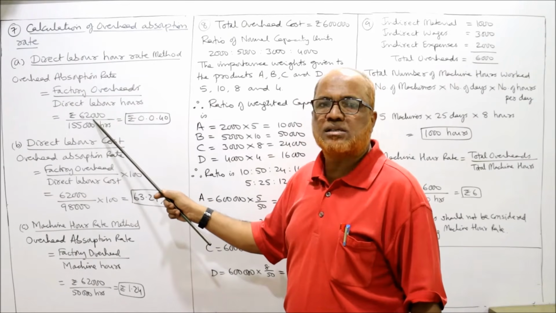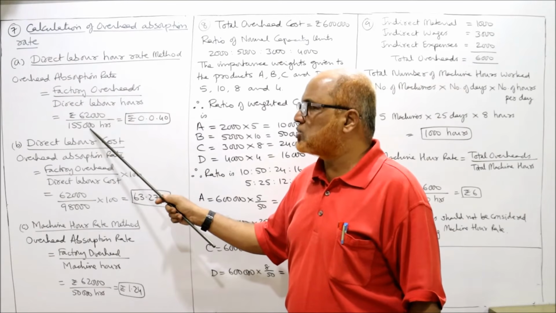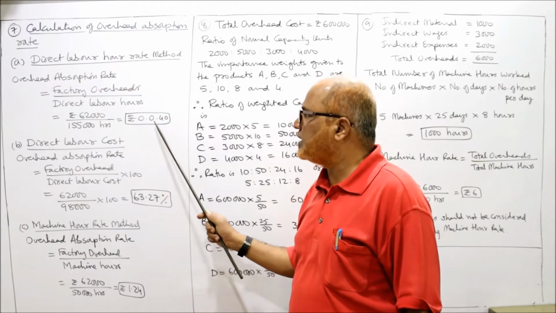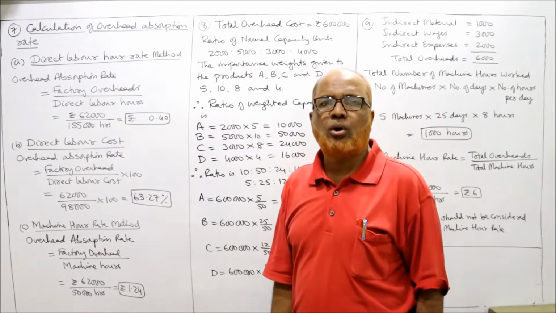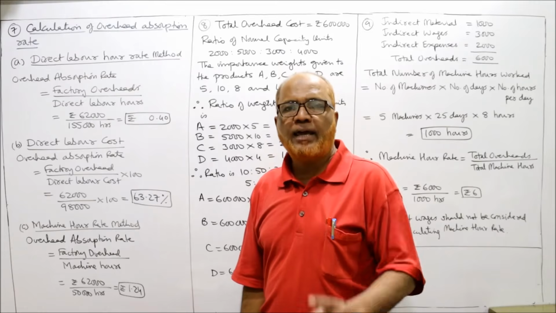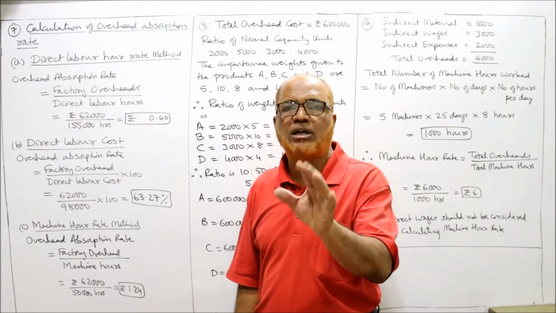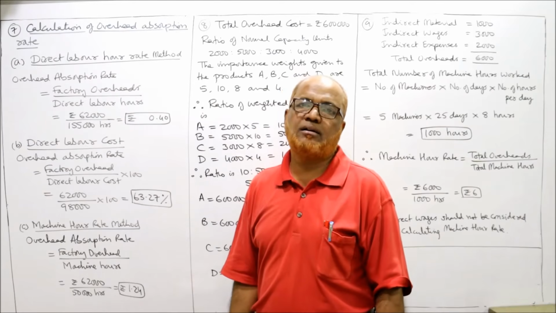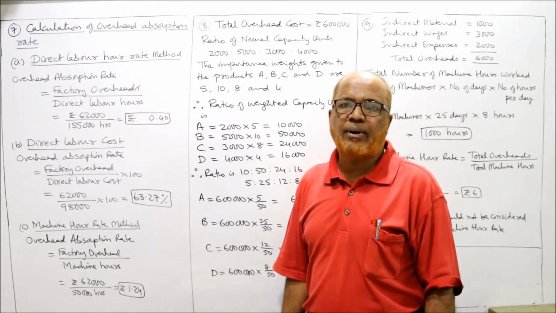So factory overhead 62,000, direct labor hours are 1,55,000. So 62,000 by 1,55,000 is 0.40, that is 40 paisa. So for 1 labor hour, 40 paisa is the overhead. This is the overhead absorption rate according to labor hours.